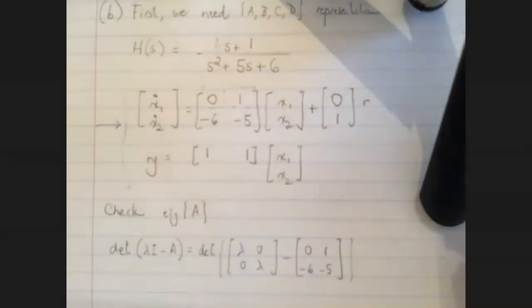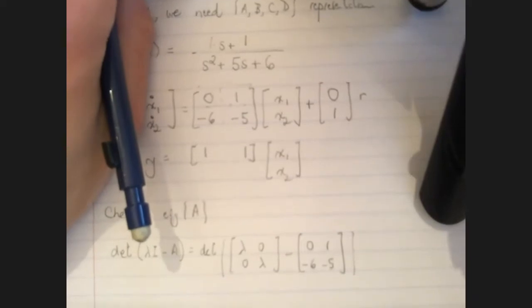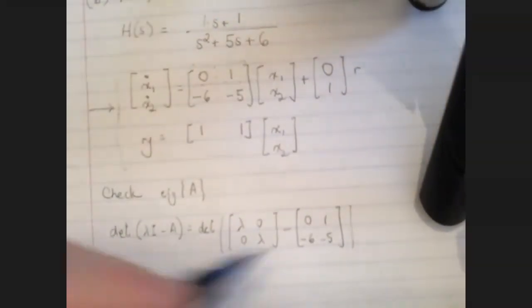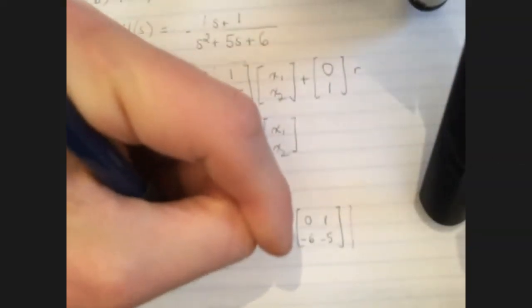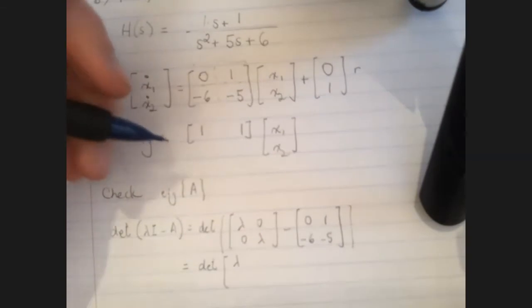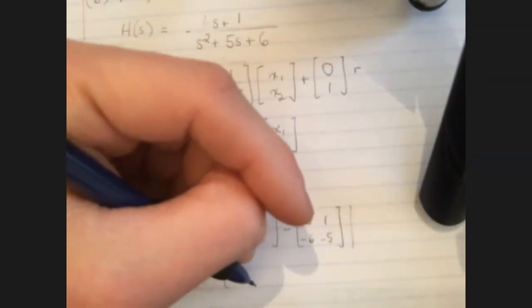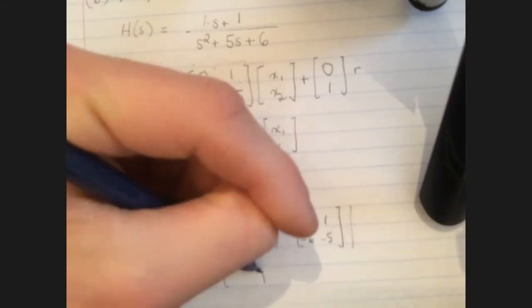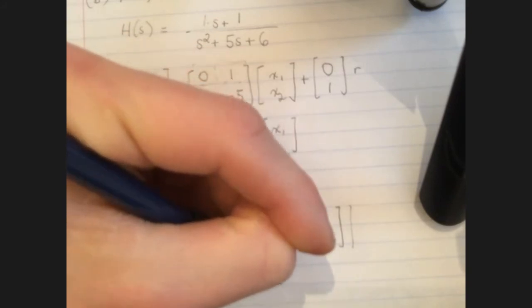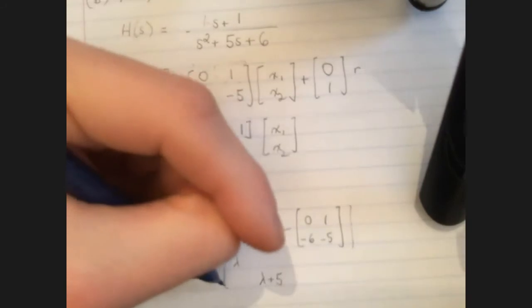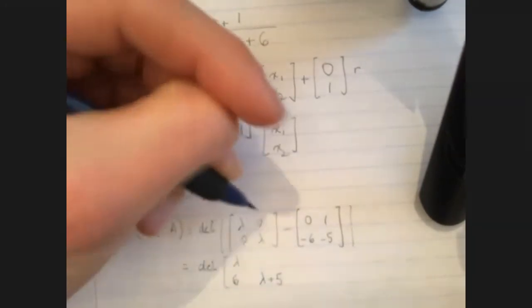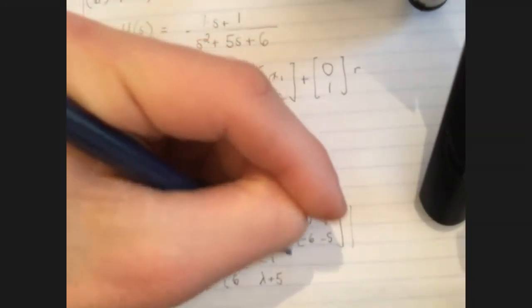Again, this is stuff that you guys have seen in your math classes before. So you would do the determinant, and you end up with a lambda. Then in the other one, it's going to be lambda plus 5 down here. Then 6 over here and -1.